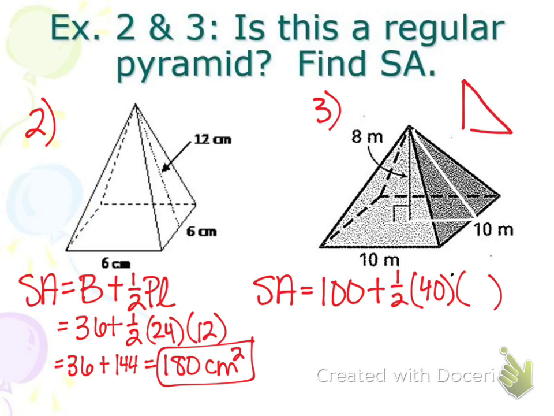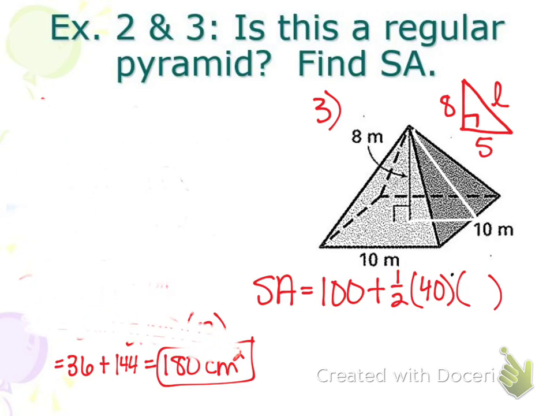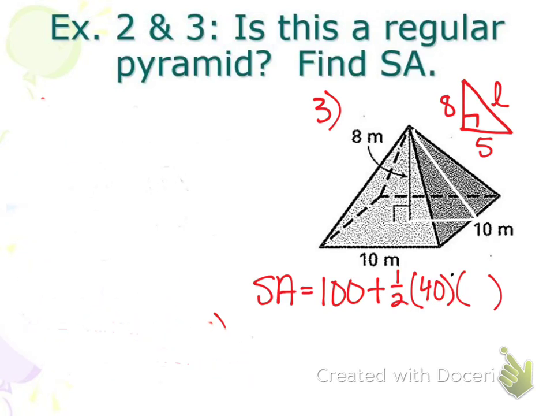So if I draw out this right triangle that cuts into my pyramid, we could label this side 8. The hypotenuse is my slant height. What would I label that bottom side? 5. It cuts halfway into our base of our pyramid. So to calculate that, what are we going to have to do?